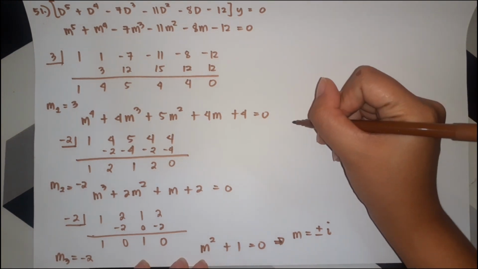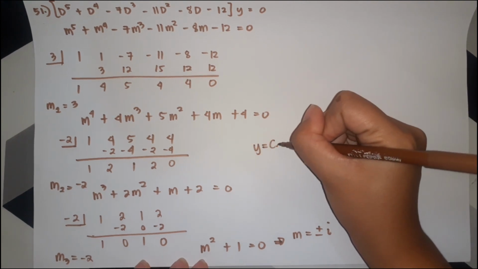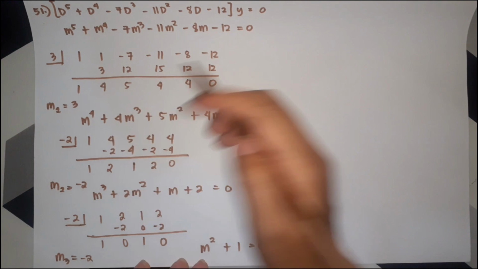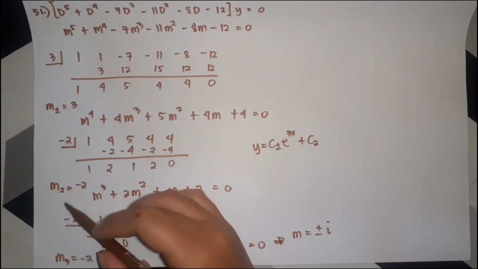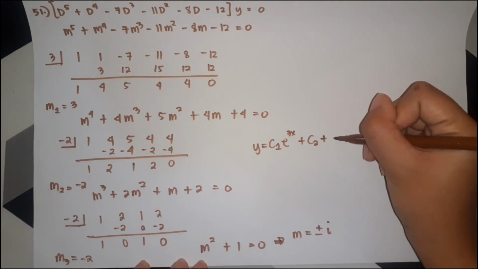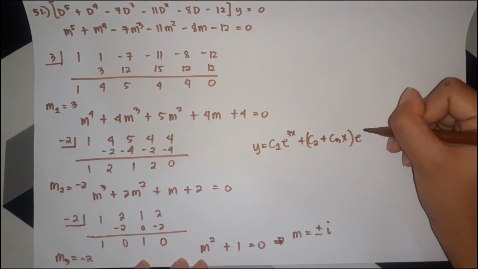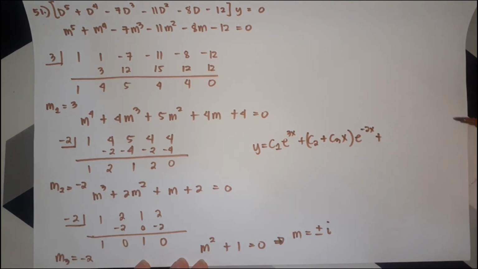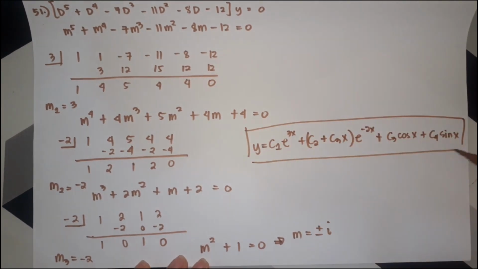Therefore, our general solution will be y is equal to c1 e raised to our first root, 3x, plus our second and third roots, which are the same, so we can write this as c2 plus c3x times e raised to negative 2x, plus c3 cosine x plus c4 sine x. And this will be our general solution.